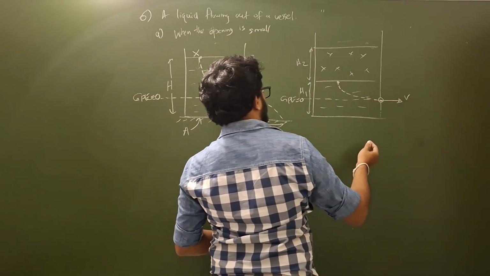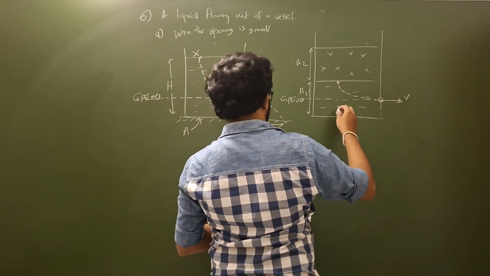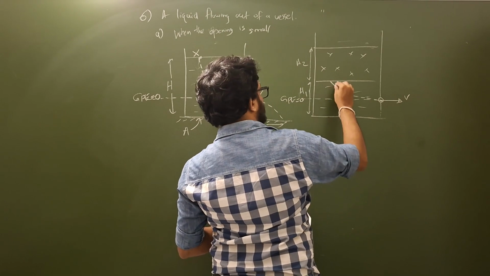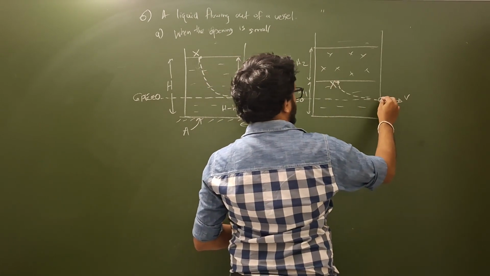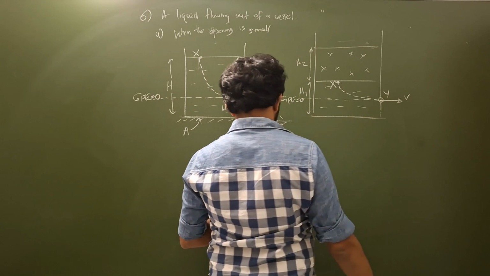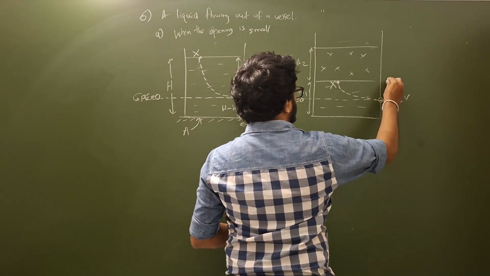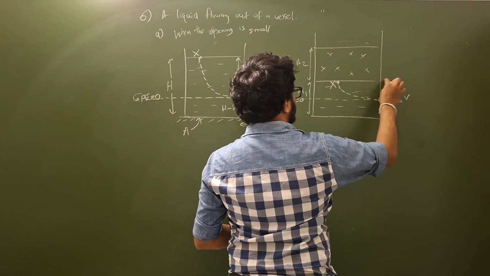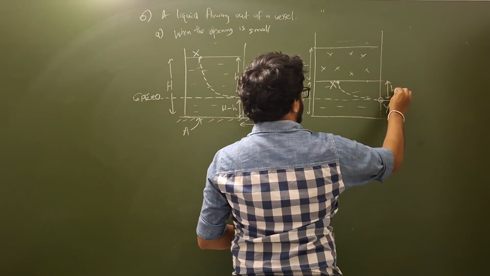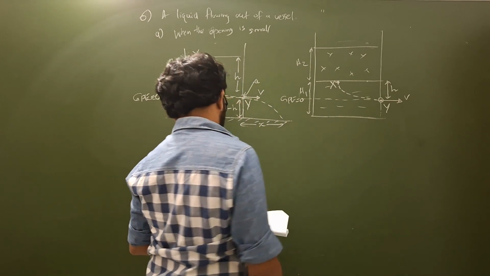Let this velocity be simple v, and let's take this point as x and this point as capital Y, and the depth from this level as simple h.